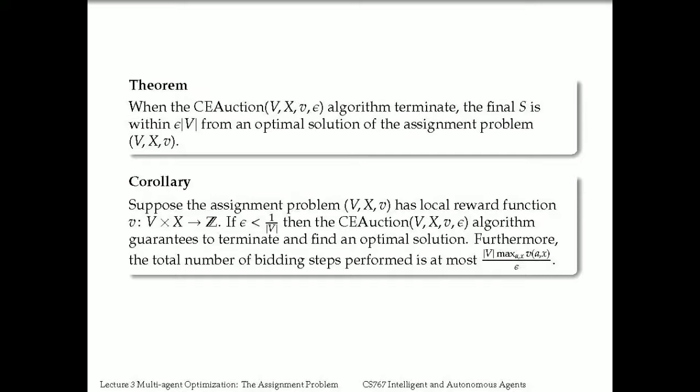Namely, if epsilon is less than 1 over V, you can see that it is guaranteed to terminate and find an optimal solution. And furthermore, we can also bound the number of bidding steps, which is V times the maximum of all the reward values divided by epsilon.